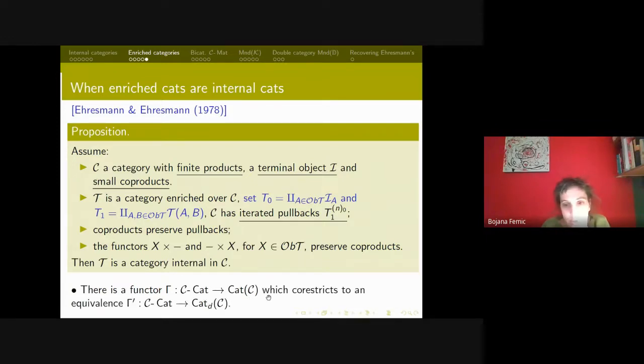Moreover, when we co-restrict this gamma to those internal categories, which here I denote with cat sub D, then one gets an equivalence functor gamma prime.